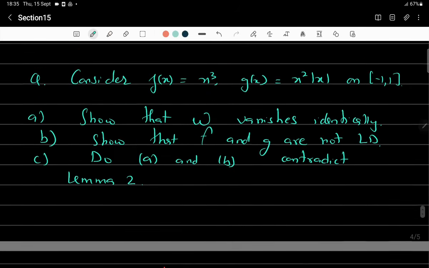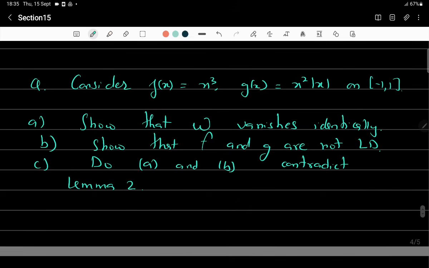Now comes the important observation. Case 1 says that W vanishes identically, which means the Wronskian of f and g is 0. The second case says that f and g are LI. Now we just proved a theorem that W of y1, y2 is 0 if and only if y1, y2 are LD. But do you think that A and B contradict each other or contradict the lemma which we have discussed?